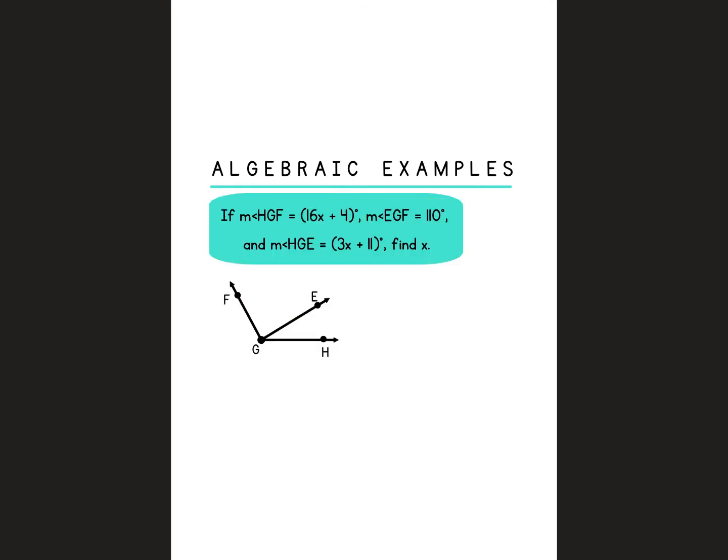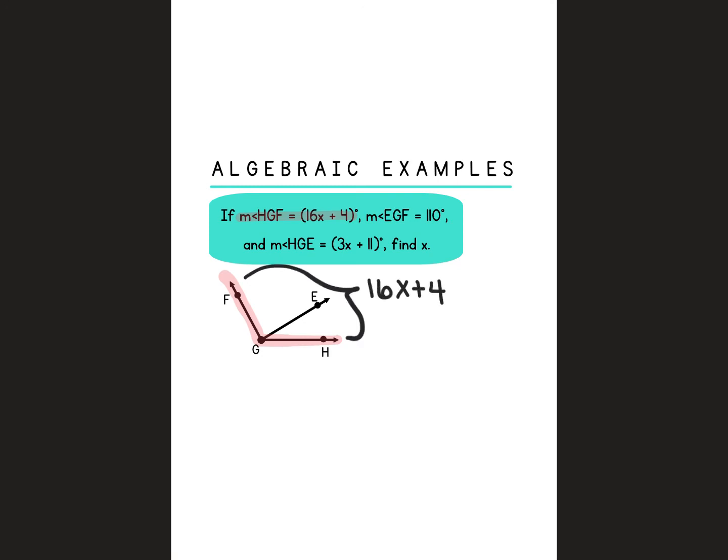On this next example, we just need to make sure we read carefully because everything is not filled in for us. So the very first part says the measure of HGF. So if you look, HGF is the entire angle. So the entire angle is going to be 16x plus 4.